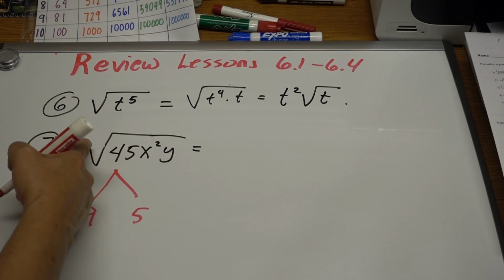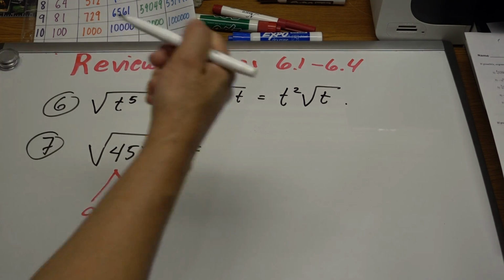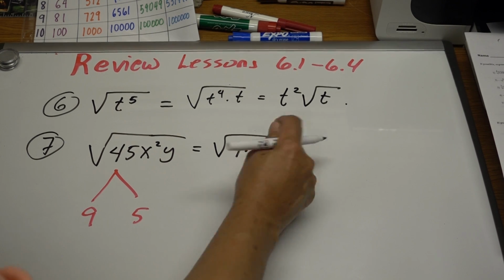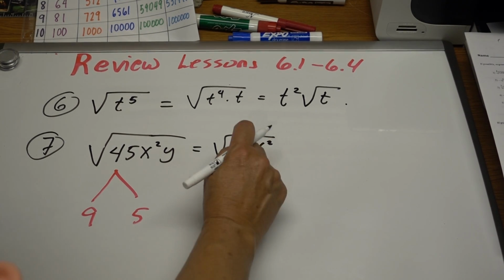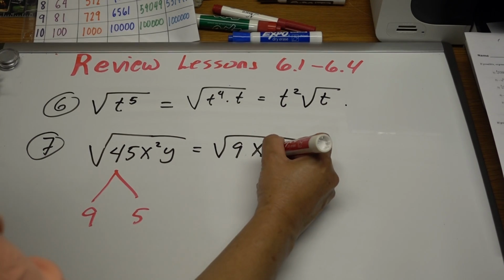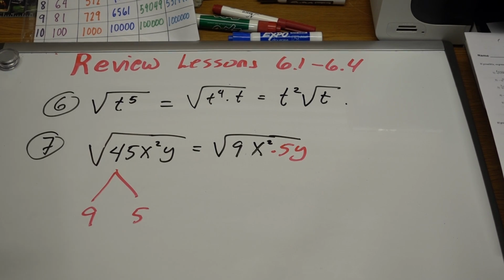X squared is perfect. That's going to be part of the one going out of the radical. So that's going to be 9 times x squared. I'm going to leave x squared next to it, times 5 to complete the 45, and the y. There's nothing we can do with that.